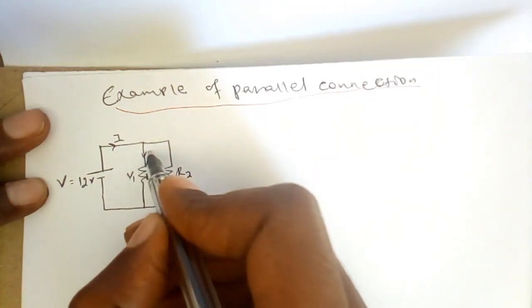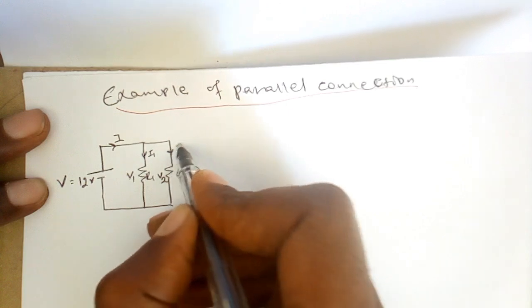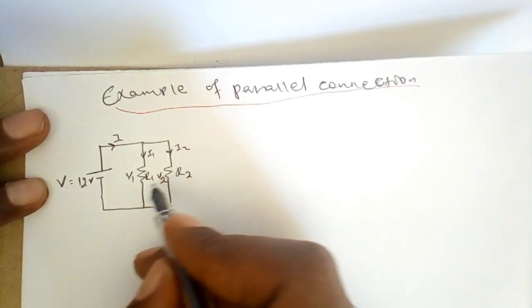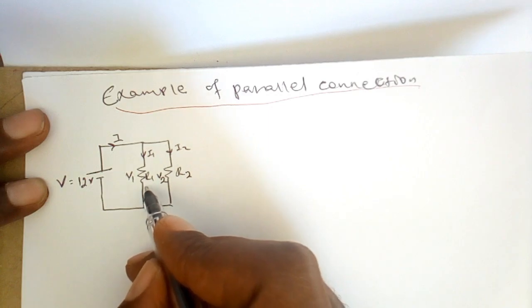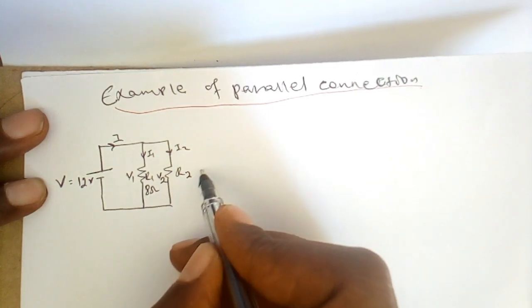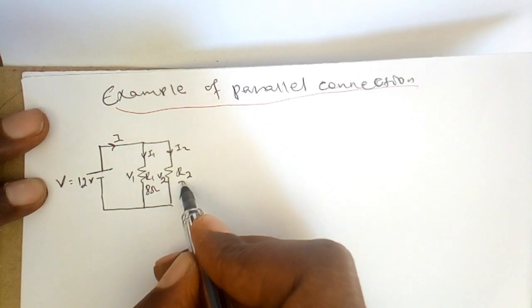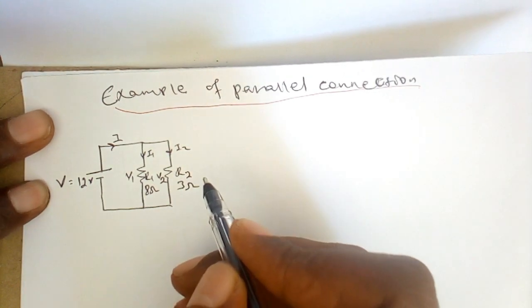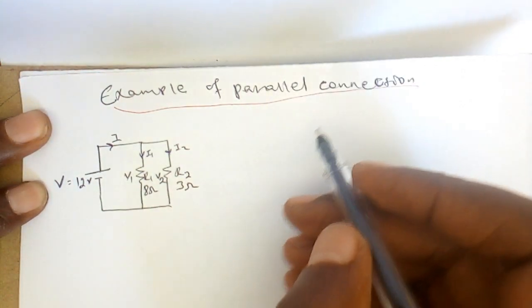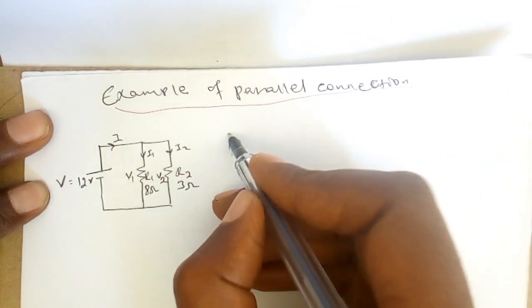If we connect them in parallel, what will be the current, what will be the voltage, what will be the power? Let's explain with an example.